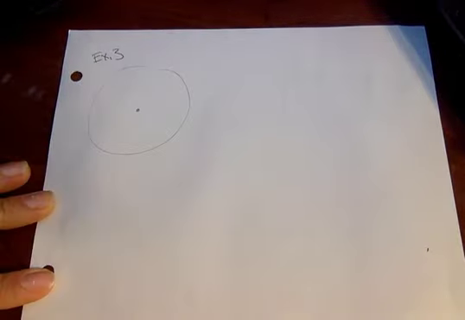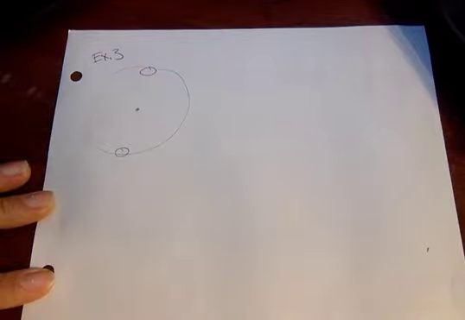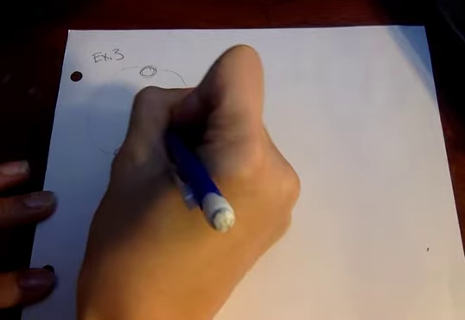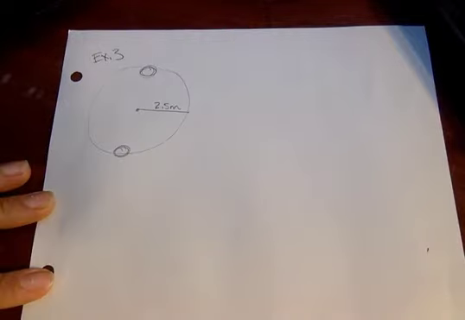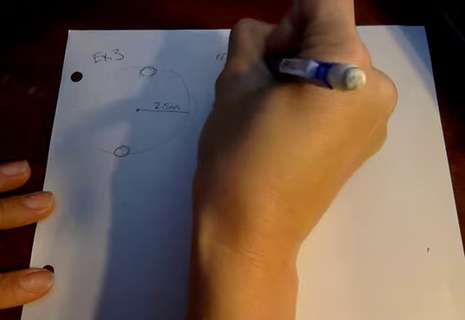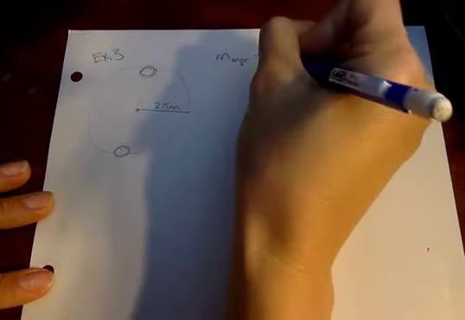We need to figure out, well, I guess I'll draw this here. Here's my merry-go-round, and I have 2 kids sitting on opposite sides of each other, which we will approximate as little dots on the edge of the merry-go-round. The radius of the merry-go-round is 2.5 meters, and the mass of the merry-go-round is 560 kilograms.